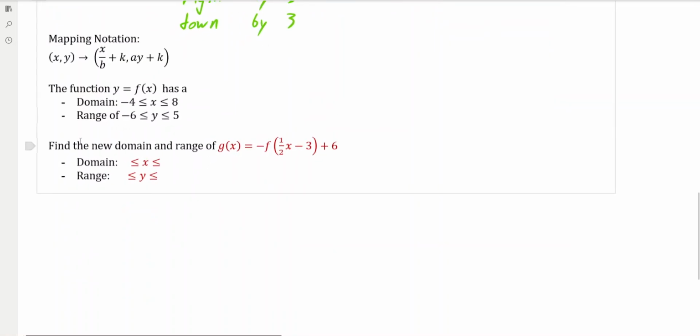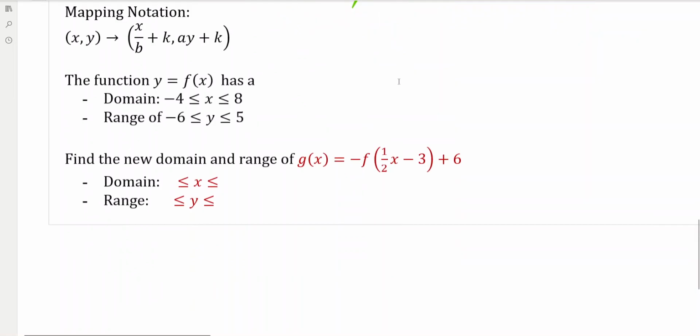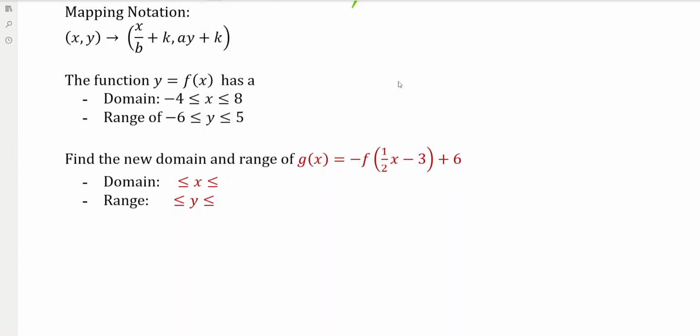Okay, last one for this video. Looking specifically at mapping notation, I know we did one example. Let's take a look and do another. So using mapping notation, we can change the domain and range of a function directly without having to actually draw anything, without having to look at the graphs.